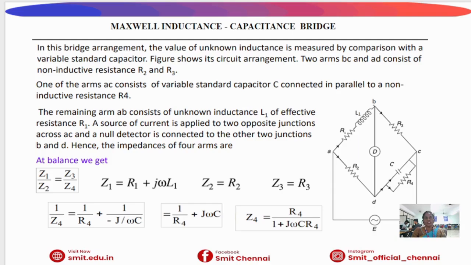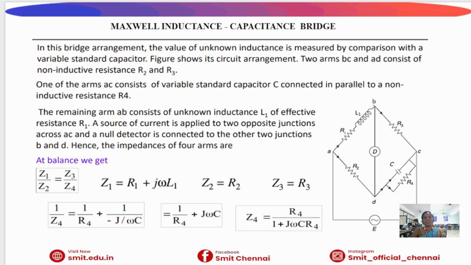The bridge consists of four arms. One arm contains the unknown inductance L1 along with its resistance R1. Two arms contain non-inductive resistors R2 and R3. The fourth arm contains a standard capacitor C connected in parallel with the resistance R4.